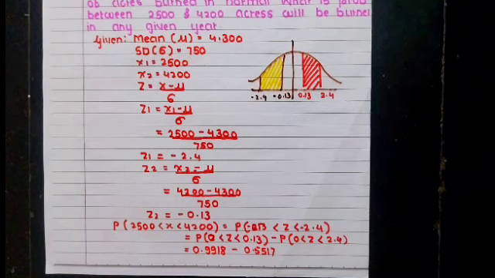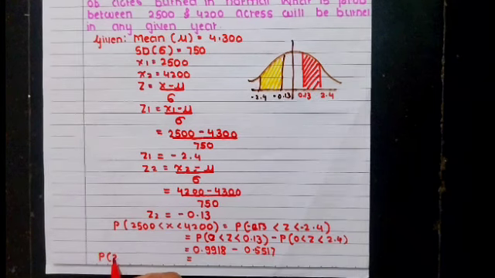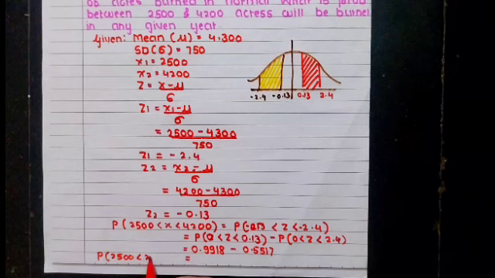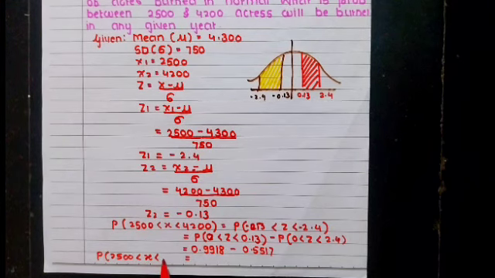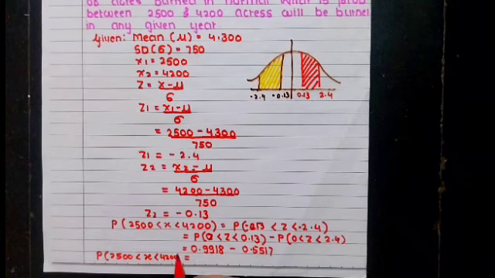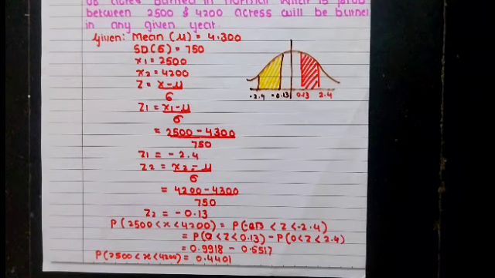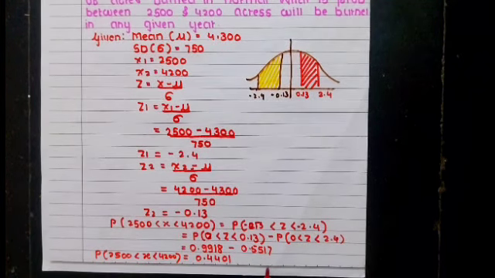By calculating this, we get the probability of x between 2,500 and 4,200 equal to 0.4401.